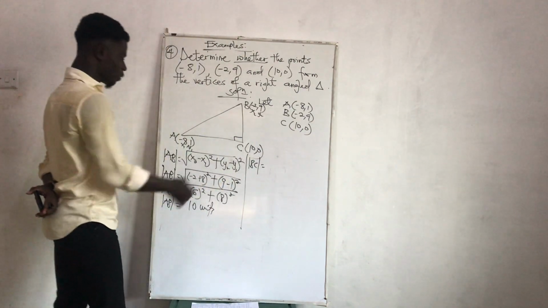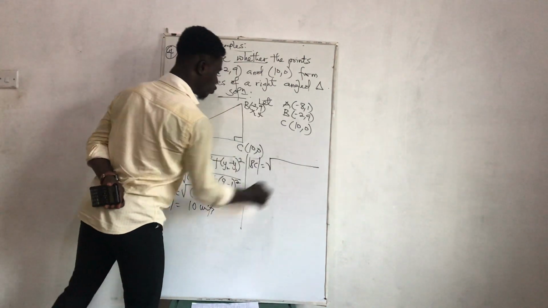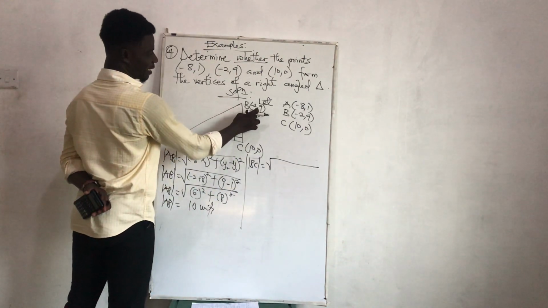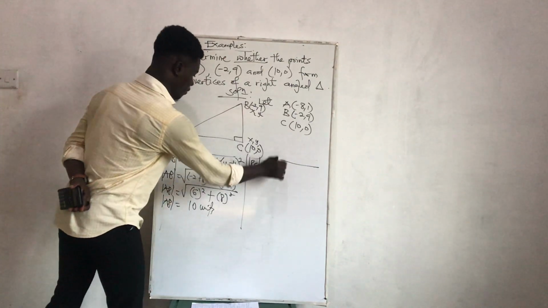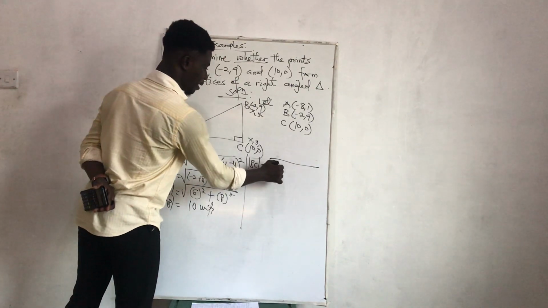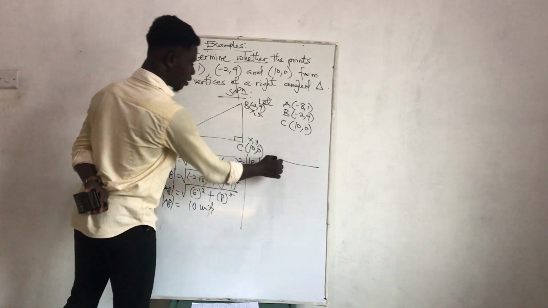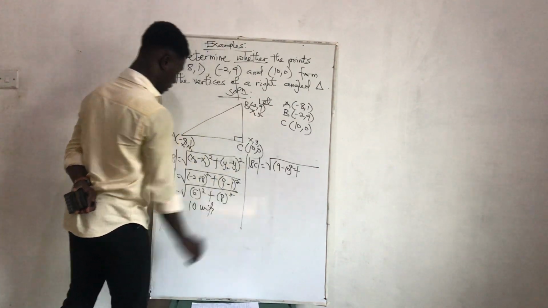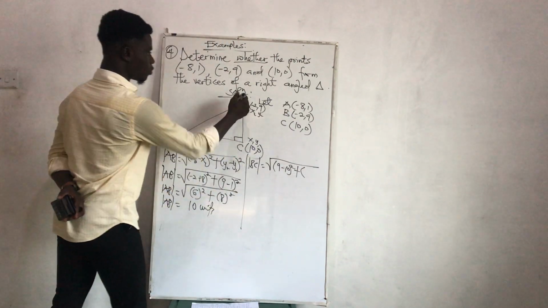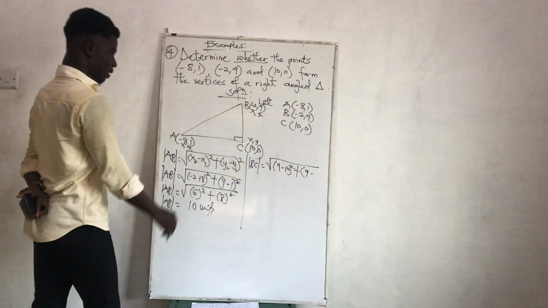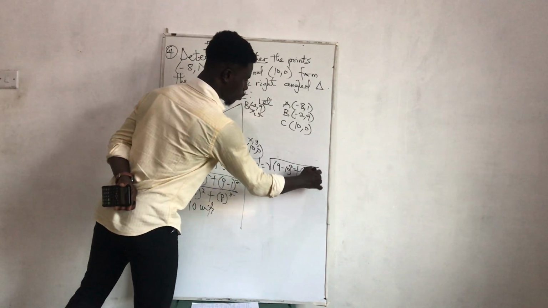The same thing. We've quoted the formula there. So square root of, we can denote here as x2, y2, then here x1, y1. It's the same process. So now, x2 is 9 minus x1, which is 10, all squared, plus we have our y2 which is 9, minus our y1 which is 0, all squared.